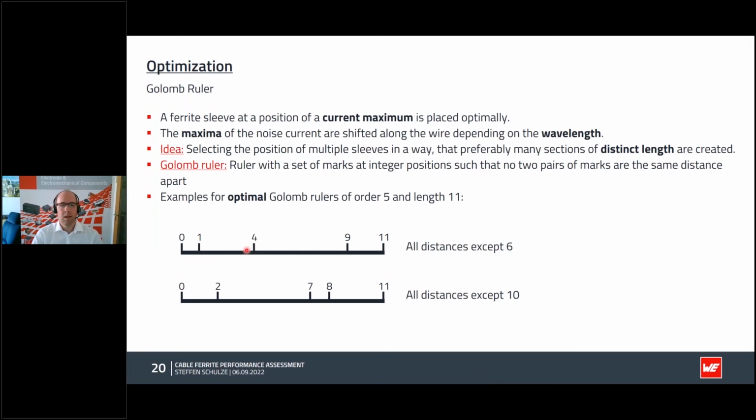For the first example, if I choose the integer positions 1, 4, 9, and of course terminate on the left and right side by 0 and 11, because it's length 11, then we find all distances except 6. So this is not a perfect Golomb ruler, but it's an optimal one for the length 11. And the second example for the same length, these 2 are the principal solutions for the Golomb ruler of length 11. So we find all distances except 10. Also an optimal Golomb ruler.